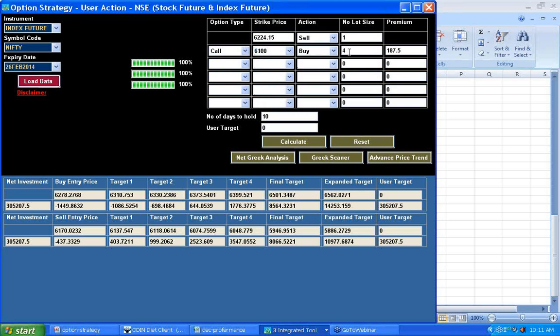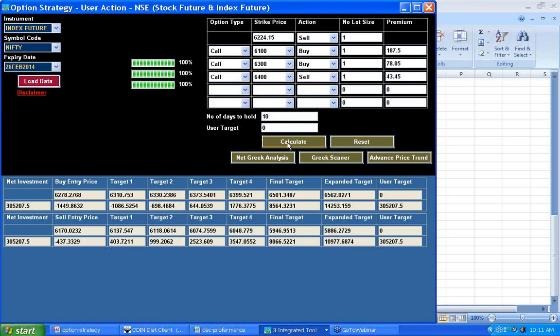So buy one lot, and at the same time, my trend turning point is 6,300, above it is coming. So here I will be buying a call option and I will be selling a call option of 6,400 preferably.